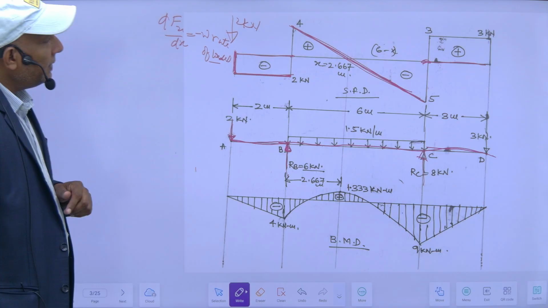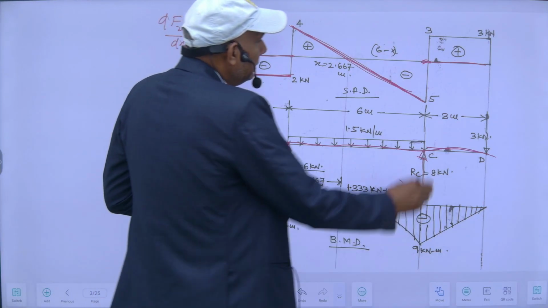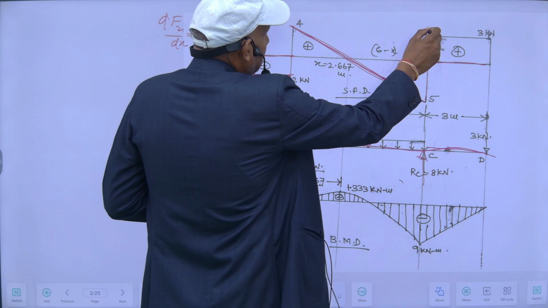So suppose if I want to know its slope, then this is a triangle.